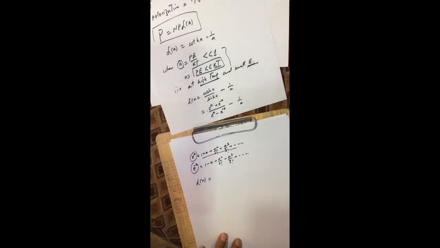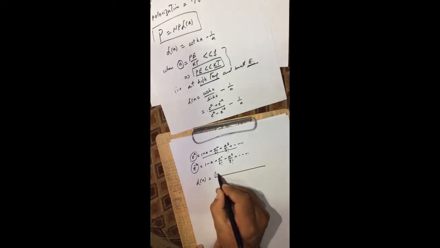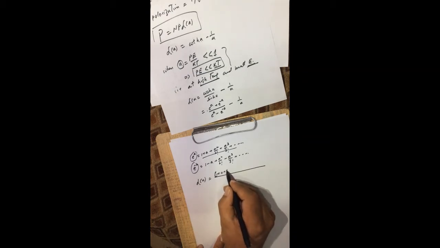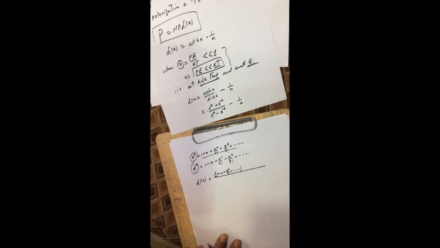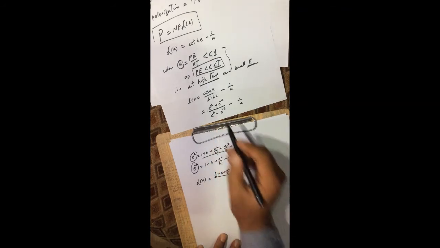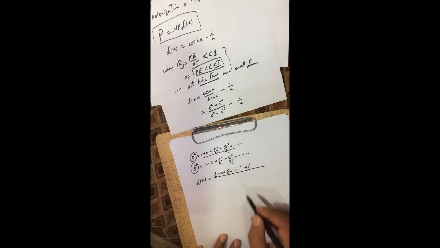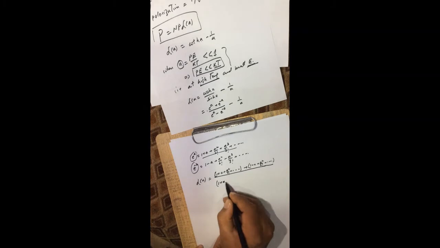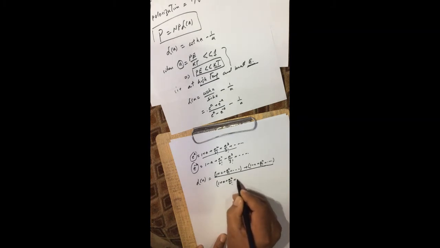e raised to power A, which is 1 plus A plus A square over 2 factorial plus and so on. And then we have this plus sign, and then we have e raised to power minus A, which is 1 minus A plus A square over 2 factorial minus and so on, divided by e raised to power A. So we have again 1 plus A plus A square over 2 factorial plus and so on.